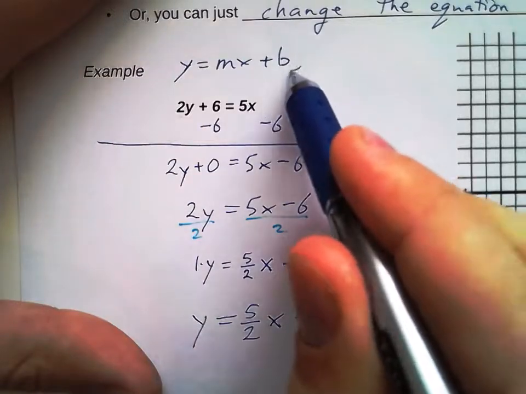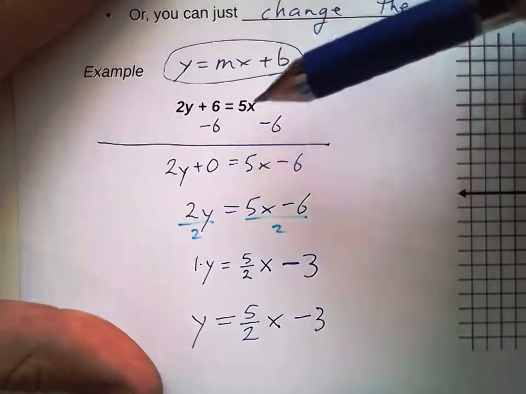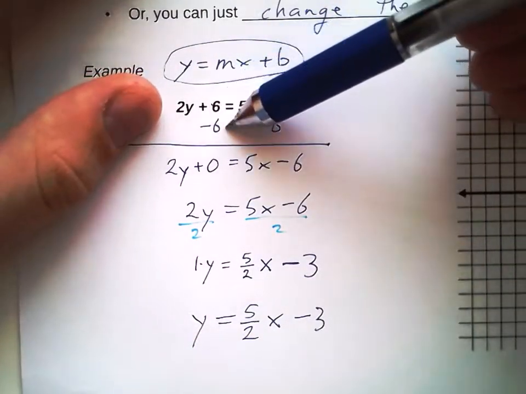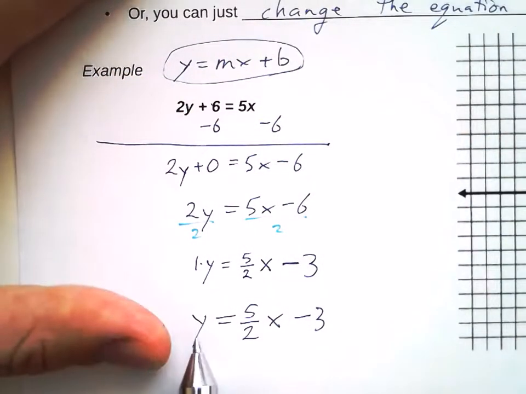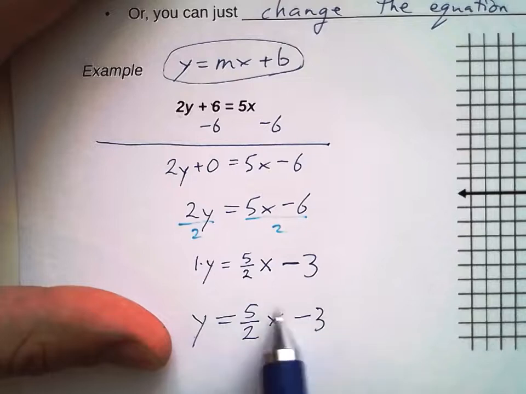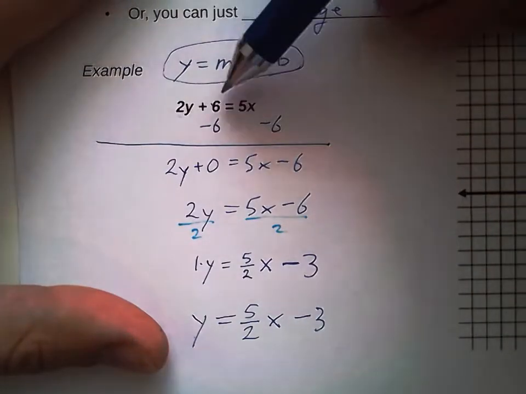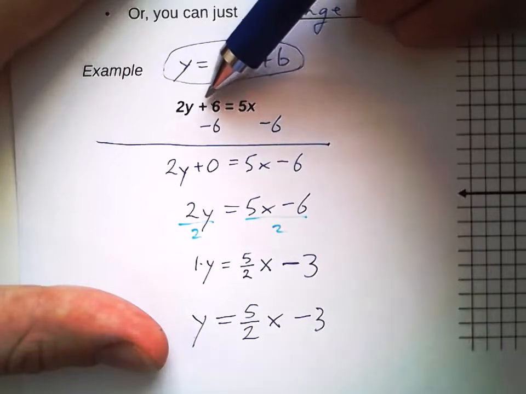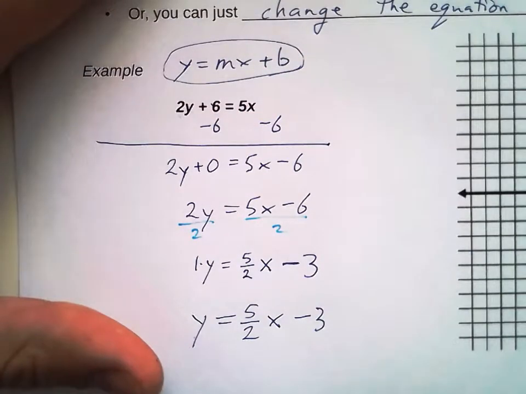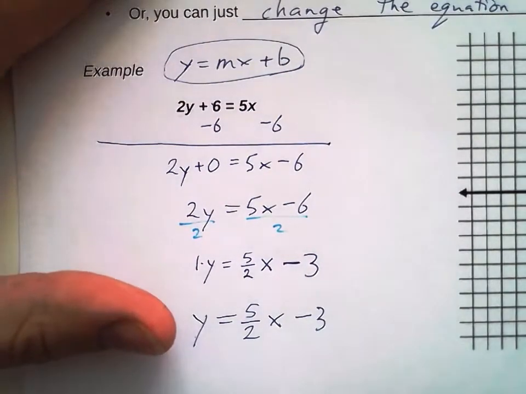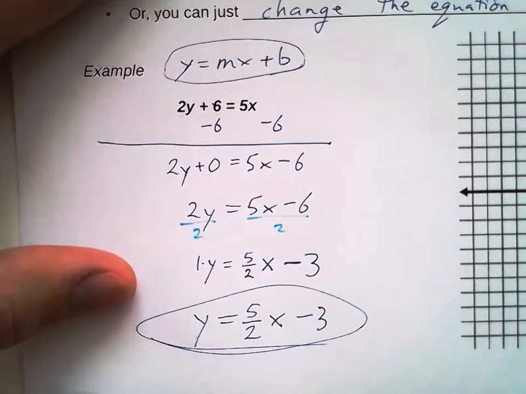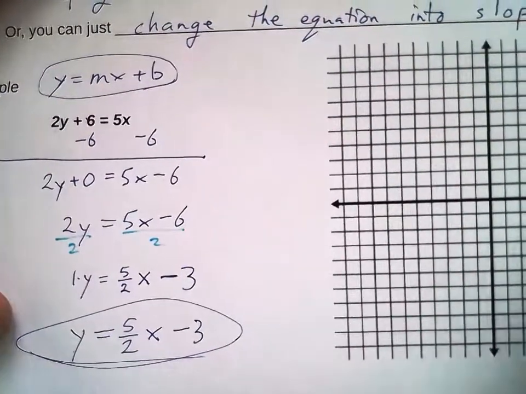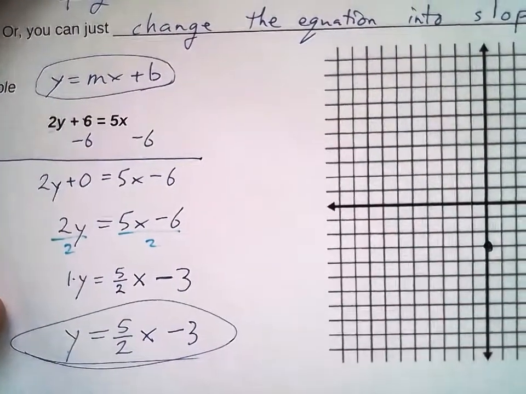Because I wanted to make it look like this. I took away the pieces that were on the side with the y to get y equals the rest of this stuff. It's easier to get rid of this 6 first instead of dividing by 2 first, but you could divide by 2 first. It doesn't matter.